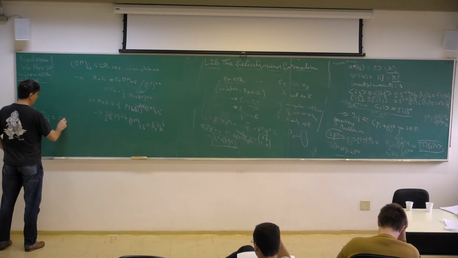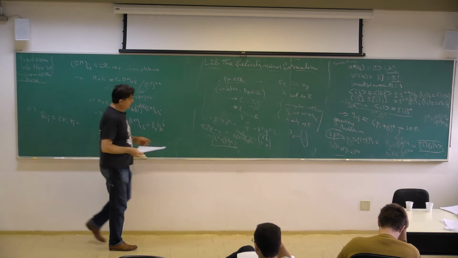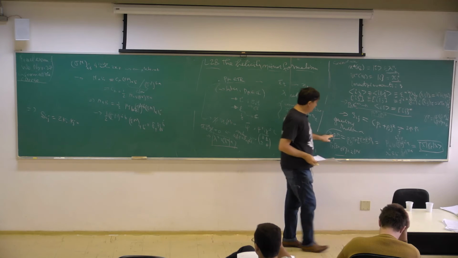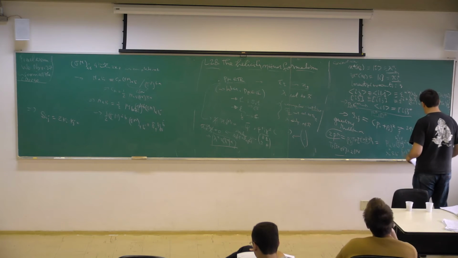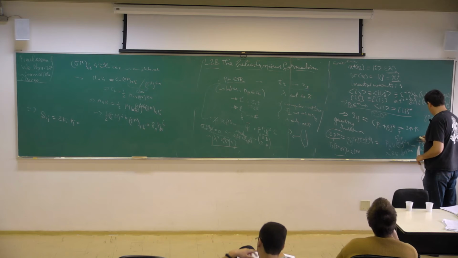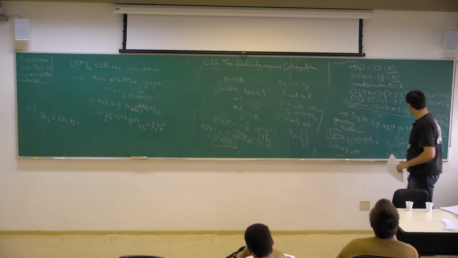This was equal to Ki Kj, and now we use this decomposition. Maybe I should write this explicitly first. So this was lambda tilde B dot gamma mu sigma mu B dot A lambda A.